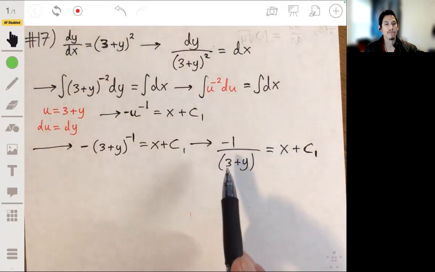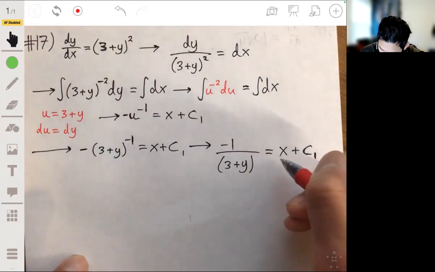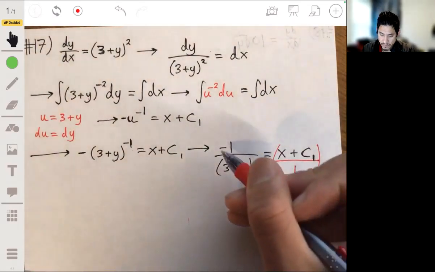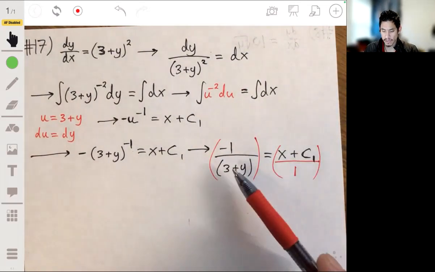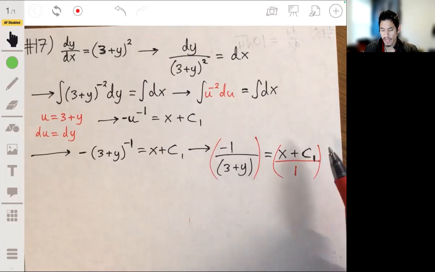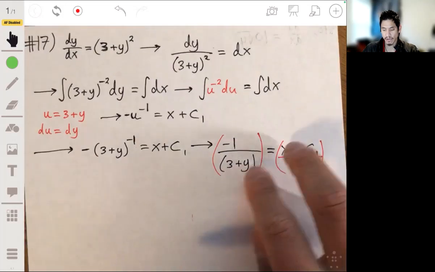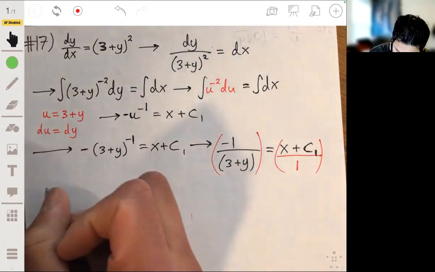Now remember, we have to solve for y. So remember, treating both of these as fractions, what we're going to do is multiply both sides by 3 plus y and divide both sides by x plus c1. You know, just using that cross multiplication we learned from our algebra or pre-calc days.